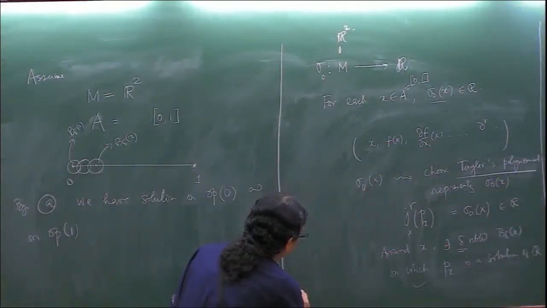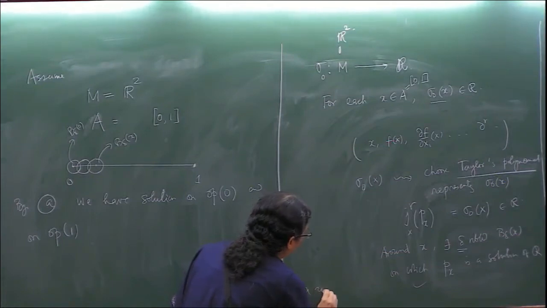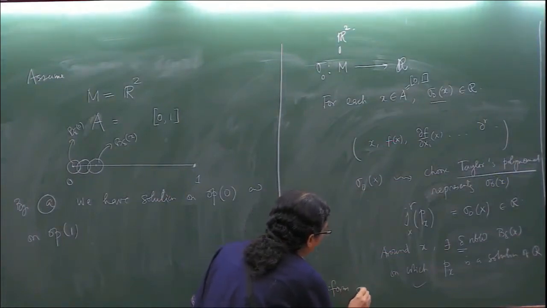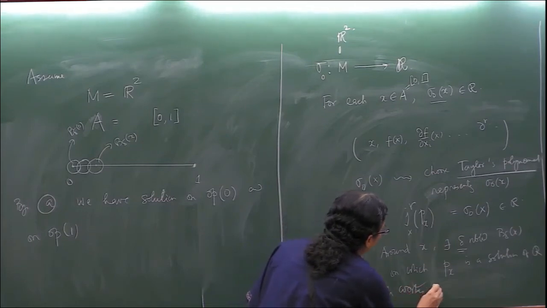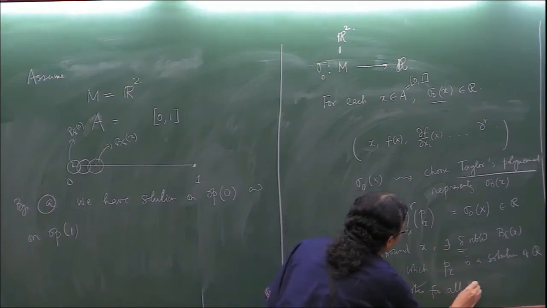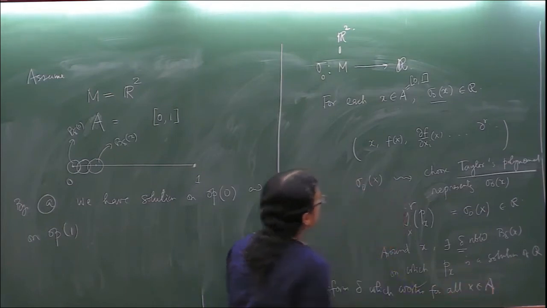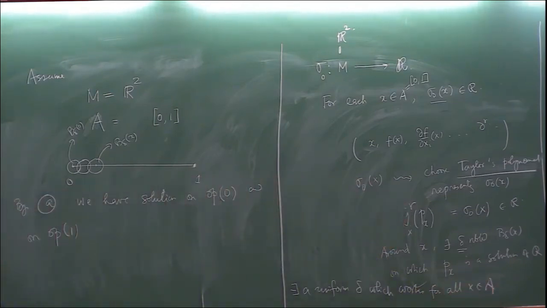So there exists a uniform delta which works for all x in A. Compactness and openness, these are basically the topological things we will use. Nothing beyond that. All topological argument.